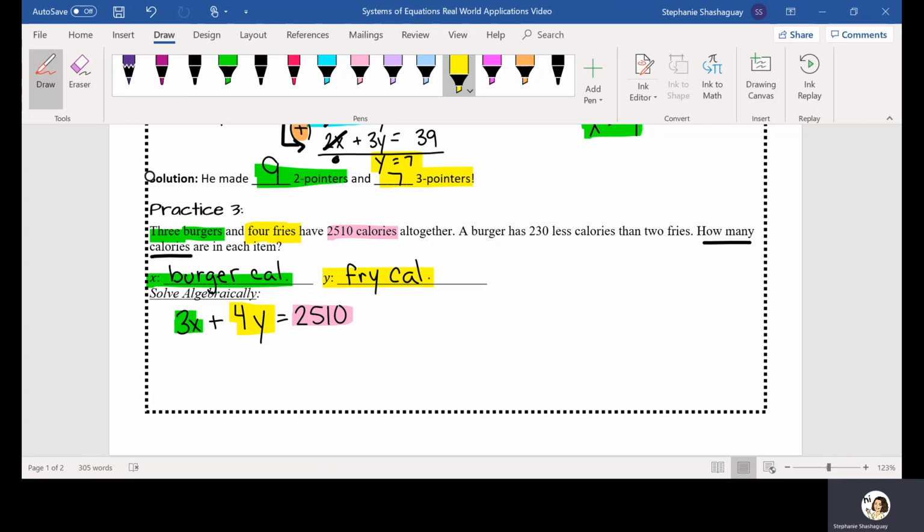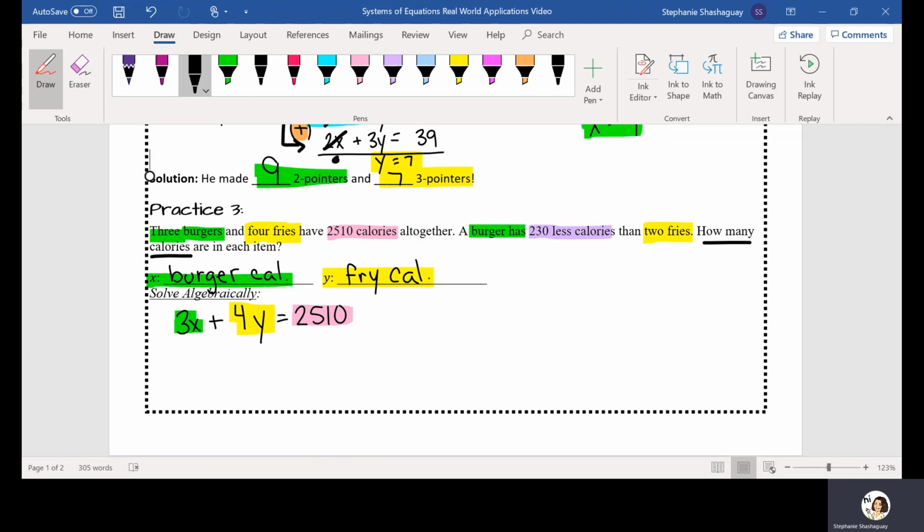Now to write my second equation, it says a burger has 230 less calories than 2 fries.